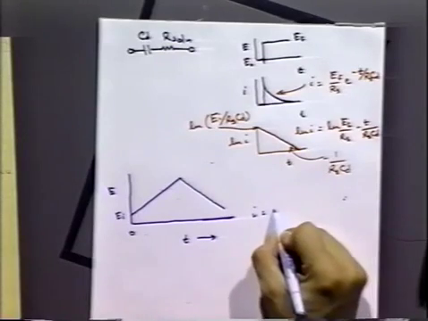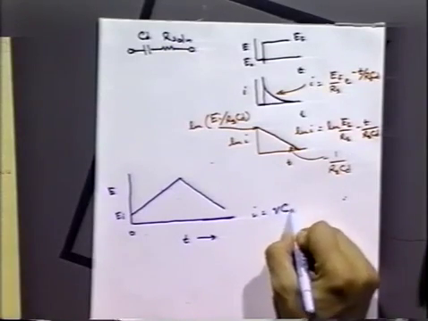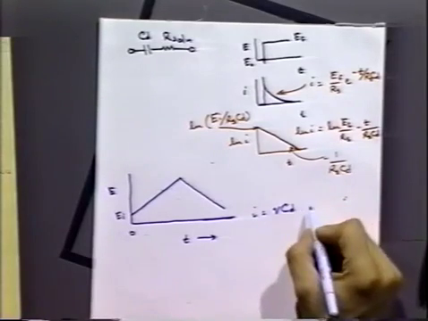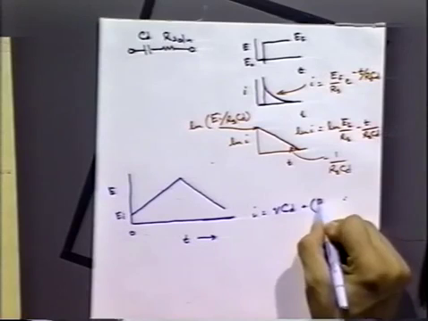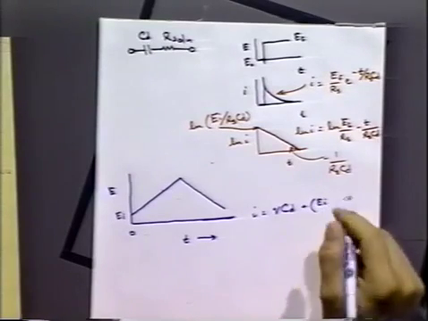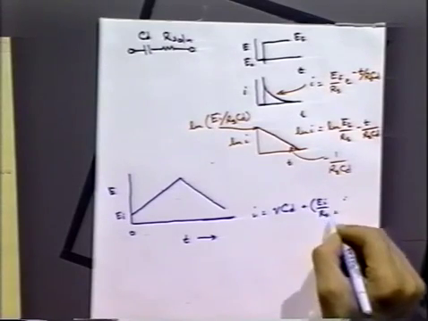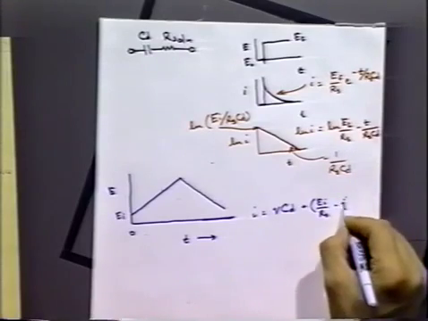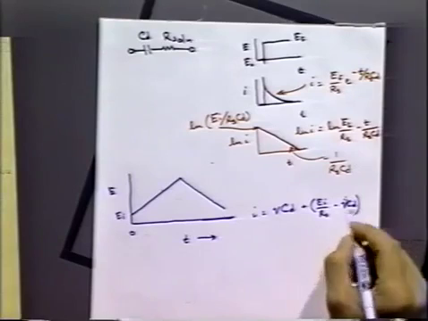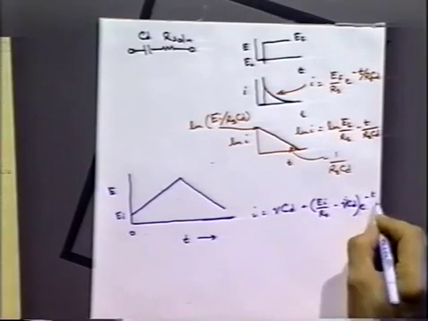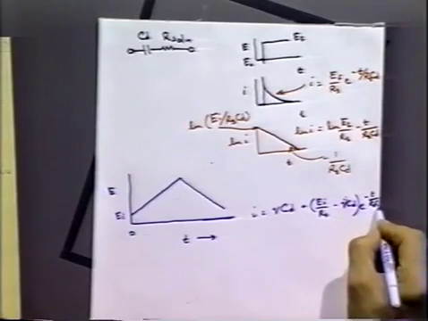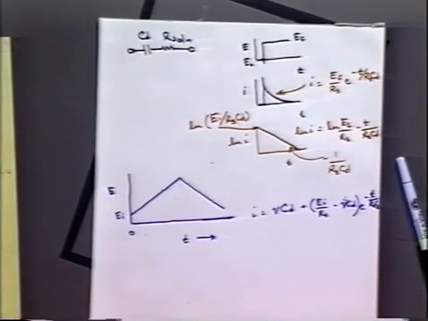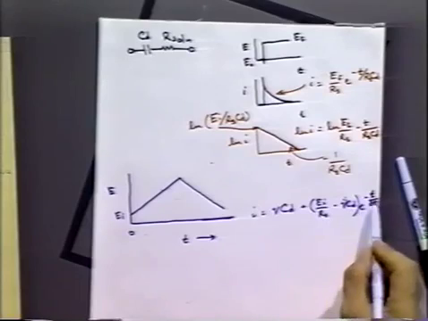And it turns out that we get, first of all, a term that's vCD, and then a term in t over Rs CD. So you get an exponential term here as well.